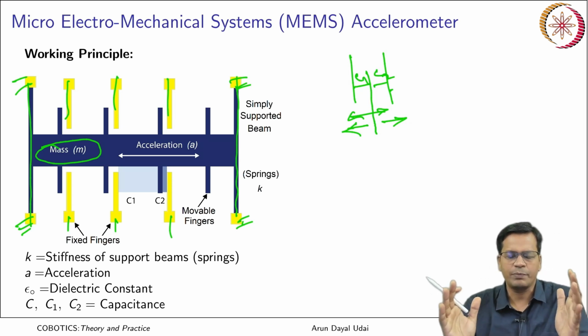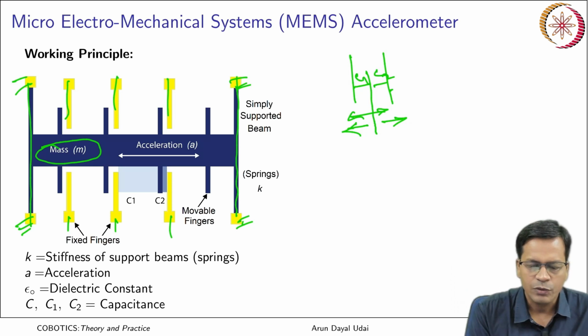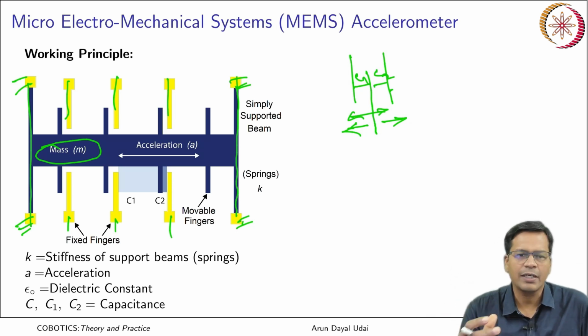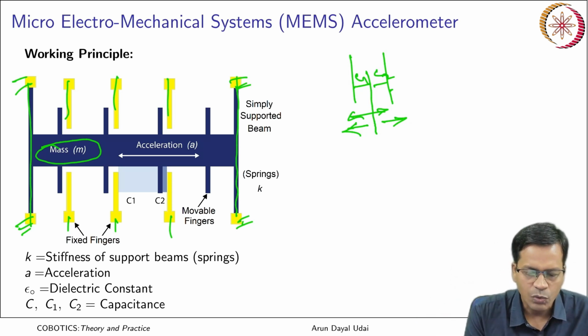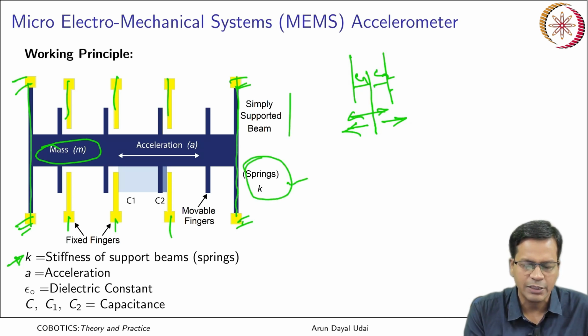If you make this whole assembly go like this, you shake it, this mass, which is known as the proof mass, moves within. All together is cut using a single silicon wafer. So K is the stiffness of the simply supported beam like structure which behaves like a spring.